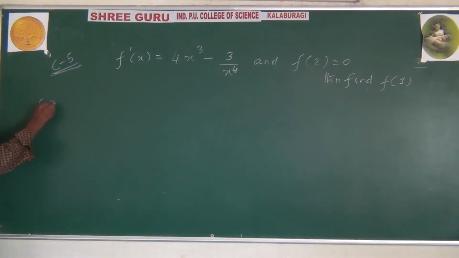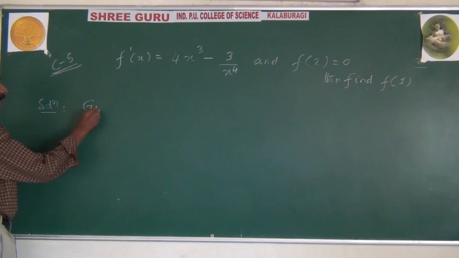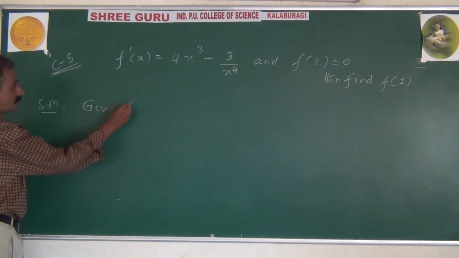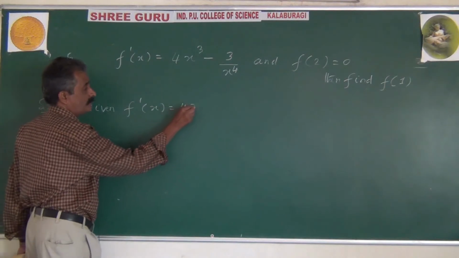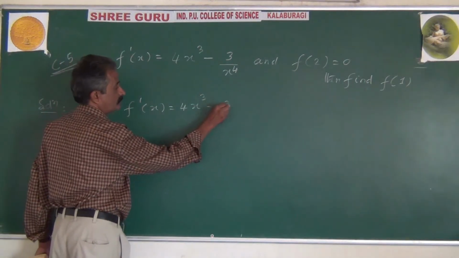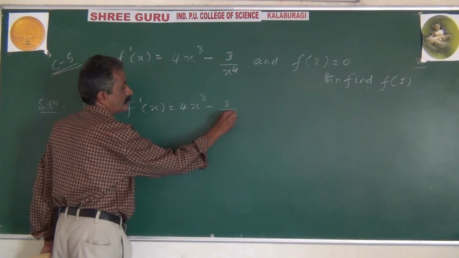So like in the last question, we need to approach the steps. First write the given thing. What is the given thing? Given that f dash of x equals to 4x cubed minus 3 divided by x power 4. Call it 1.